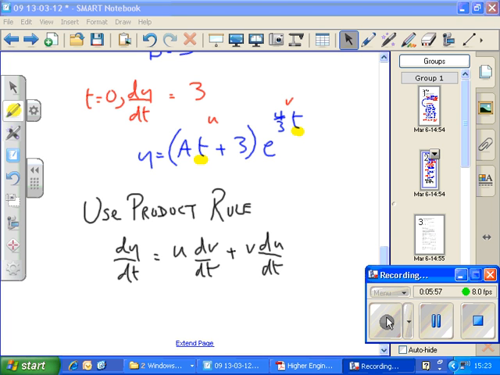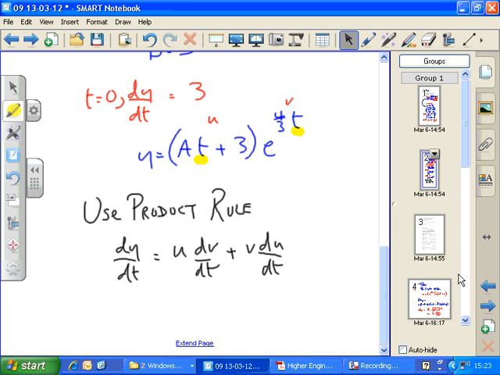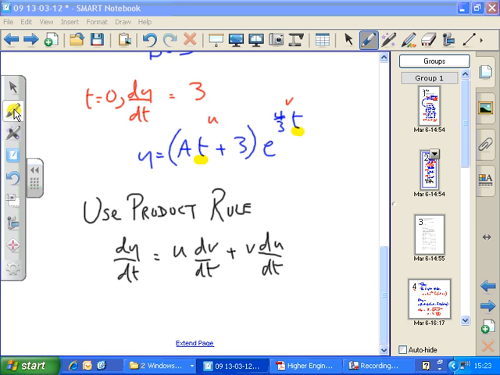I never actually bother to write down this product rule while I'm using it, but there it is. What it's saying, and this is worth making note of, is that to use the product rule, all we do is multiply the first term, which is in this case the bracket, by the differential of the second term, which is e to the 4/3 t, plus the second term multiplied by the differential of the first.